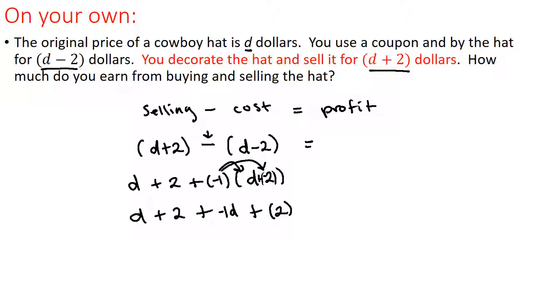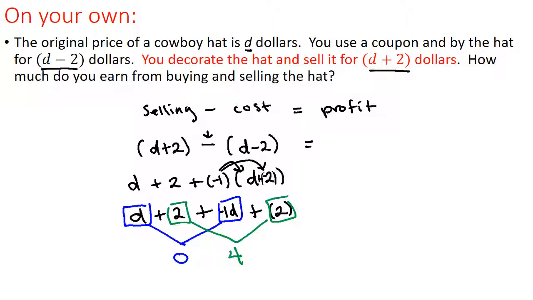So as I look at this, d right here and negative d right here are going to cancel each other out, and that's just going to be 0. And then this 2 and this 2 are going to add together to give me 4. So my answer is 4.